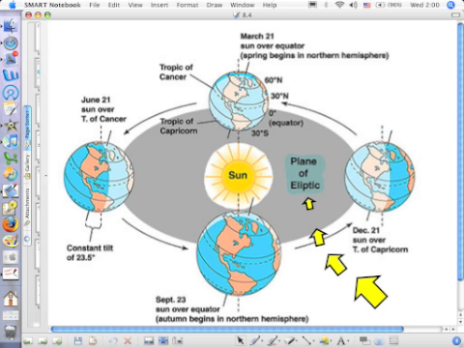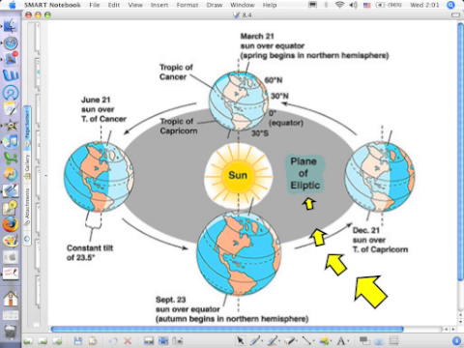All right, what's the picture? What's this a picture of? That's the Earth rotating around the sun. Notice the yellow arrows pointing to the center. It's called the plane of elliptic symmetry. Why do you think they have that word elliptic? Because it is in the shape of an ellipse.